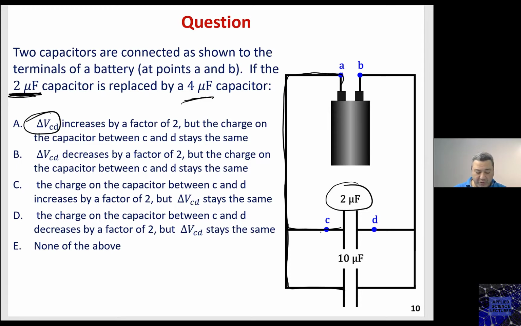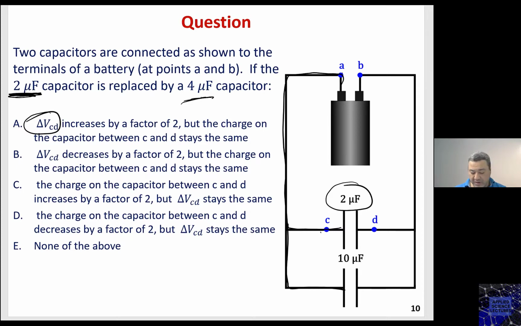So option A is delta VCD increases by a factor of 2, but the charge on the capacitor between C and D stays the same. This is option number 1.